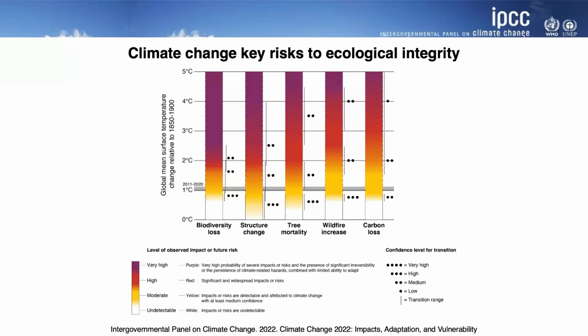And so we're at 1.2 here. And then the colors, if it's white, no impacts have been detected. If it's yellow, a few individual cases have been detected and attributed to anthropogenic climate change, like I showed you in that section. When it goes into the red, it goes from being individual cases to being more widespread, so regional.